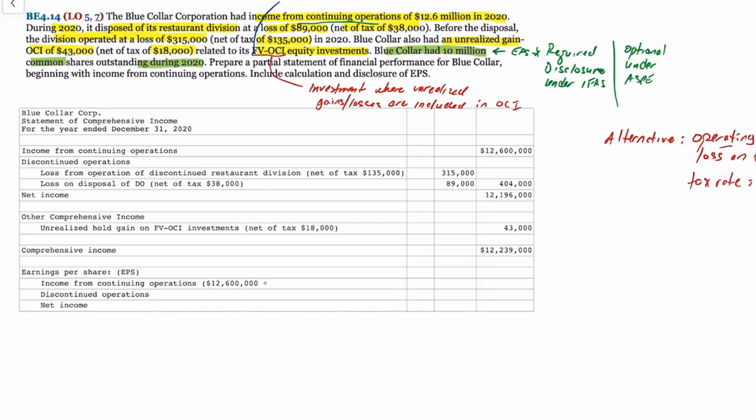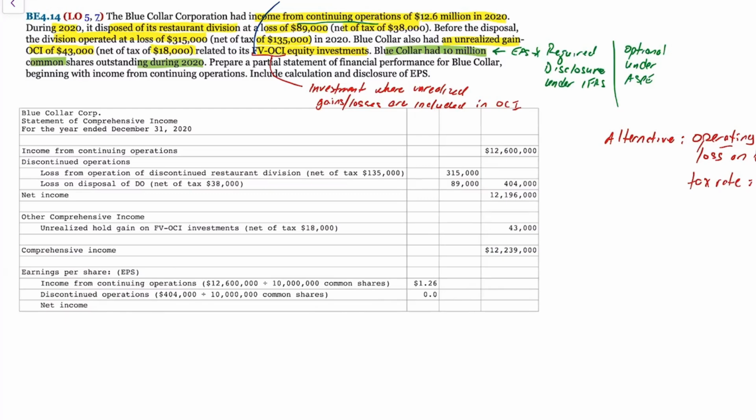So that makes this 1.26, right? Then you do the same thing for the discontinued operation. What number do we have in the discontinued operation? 404,000. 404,000 divided by 10 million common shares is 0.04. But don't forget that this is a loss, so you need to report that as a negative number.